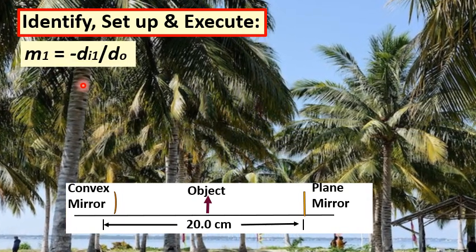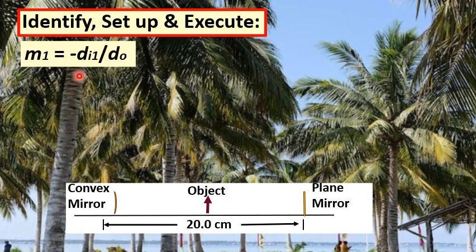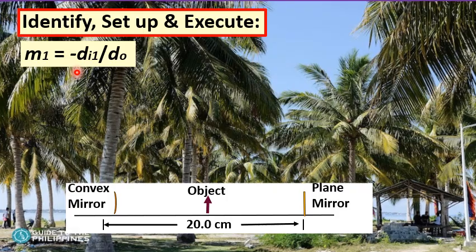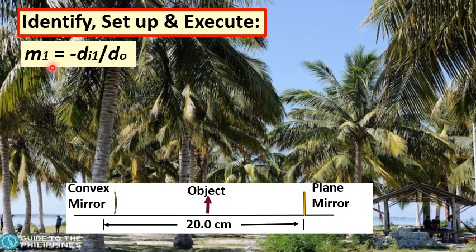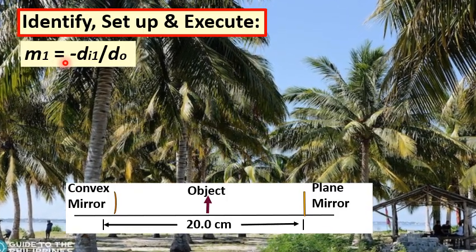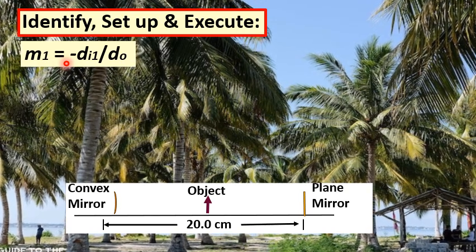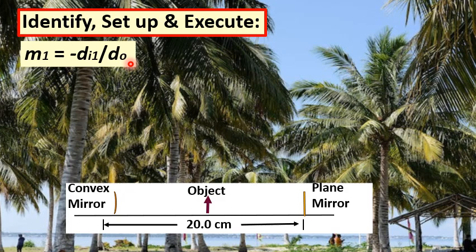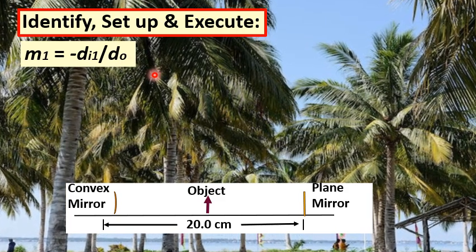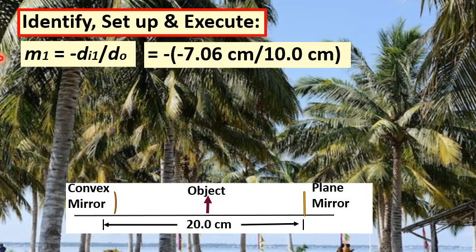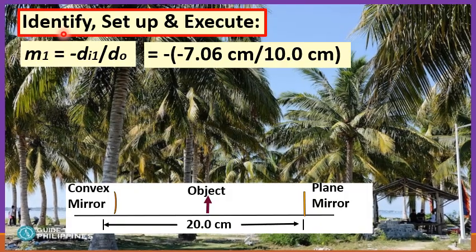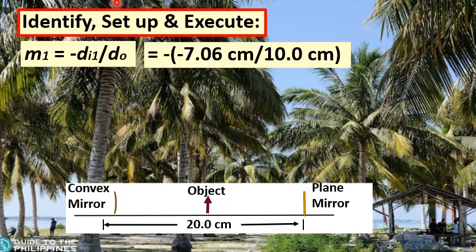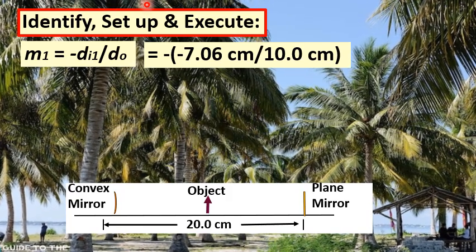Before we can determine the height of the first image, let us first determine the lateral magnification. And this is denoted by M sub 1. The formula is M sub 1 equals negative of the ratio d sub I1 over d sub O. That is, M1 equals negative quantity negative 7.06 centimeters divided by 10.0 centimeters.